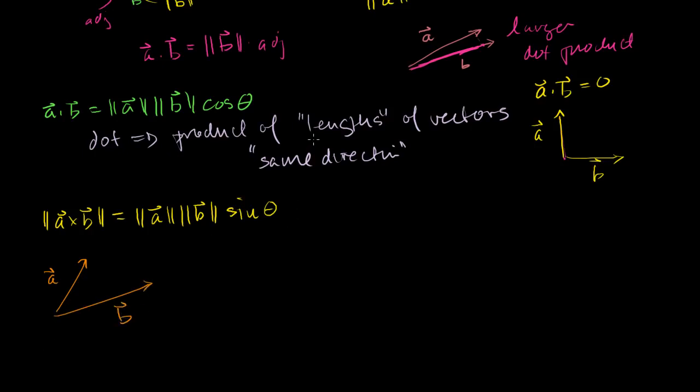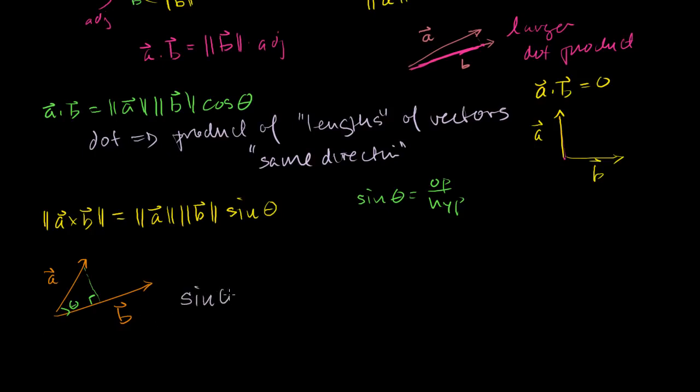And now sine, SOHCAHTOA. So sine of theta is equal to opposite over the hypotenuse. So if I were to draw a perpendicular right there, and this is theta, what is the sine of theta equal to in this context?